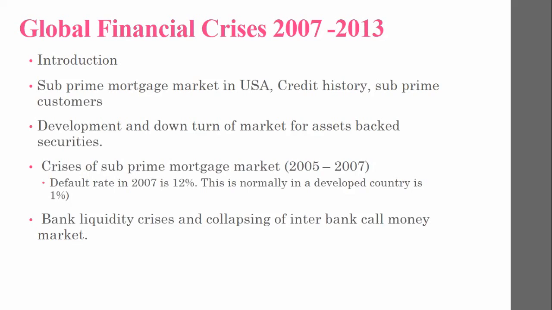Then, in the 2000 to 2006 period, US housing prices rose by more than 80%. Now, the asset price bubble disease. Why did it happen? Because of the low interest rate, the borrowing cost went down. Again, I am explaining: because of a low interest rate, borrowing cost is low.